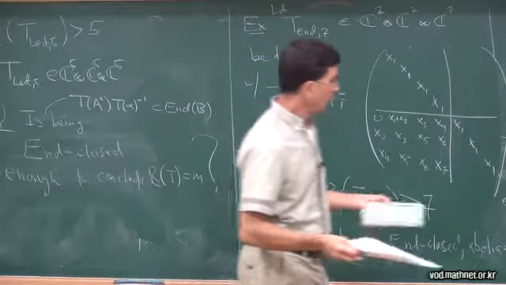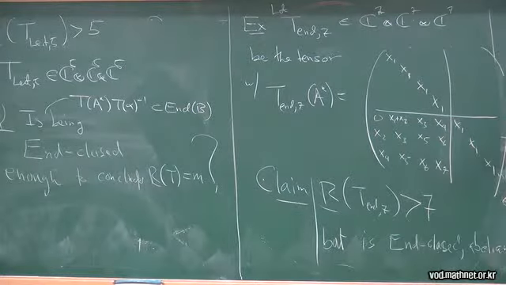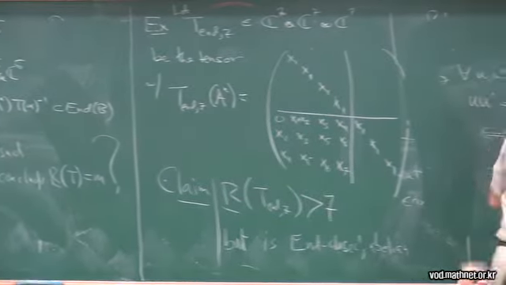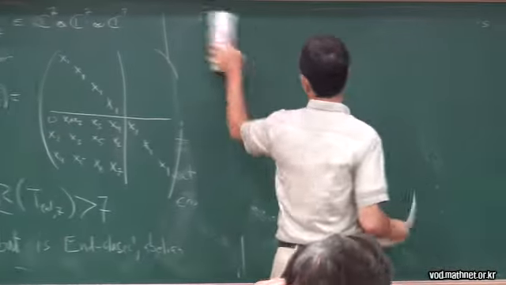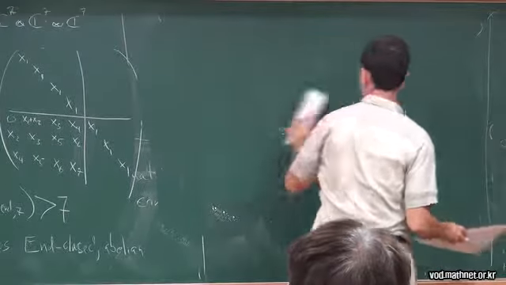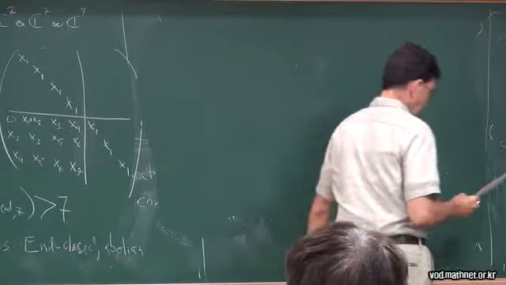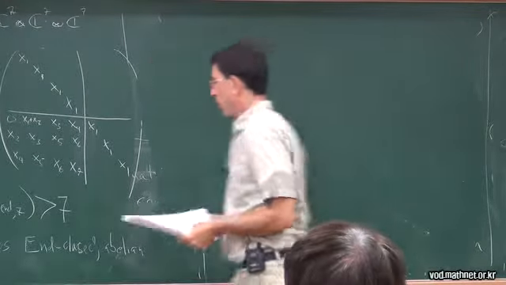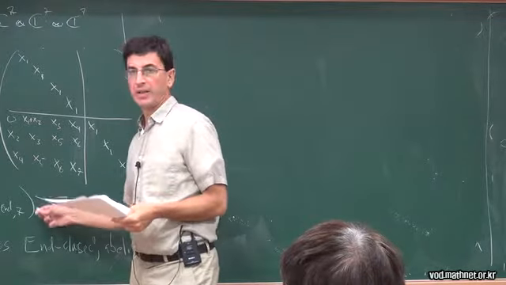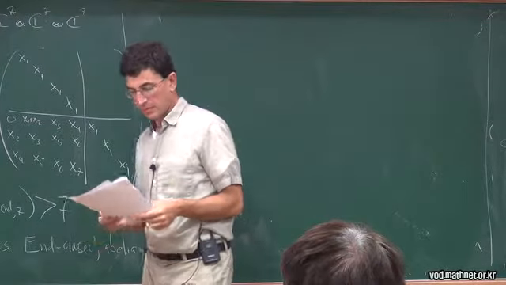So I leave it as an exercise to check that this is an abelian subspace and that it is closed under endomorphisms. The more difficult part is to show that the border rank is greater than 7.